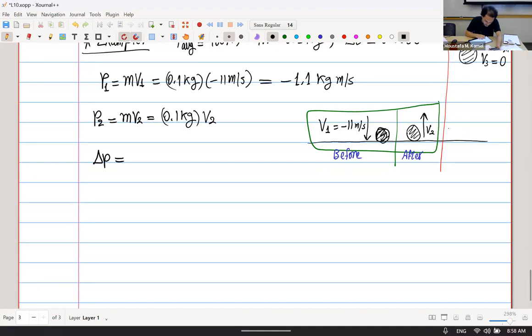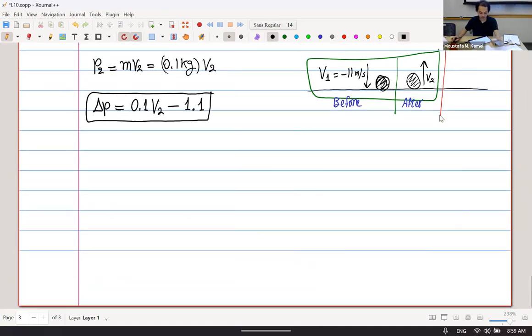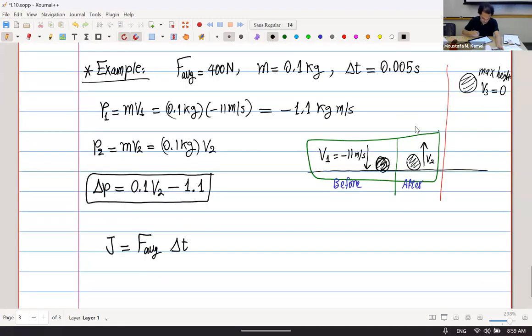Then delta P, which is the change in momentum, is equal to 0.1 V2 minus (-1.1). I will drop the units for now, but you should know it's SI units. This is the right-hand side of the impulse momentum theorem. This is the effect. Now to get the cause, it's the impulsive force multiplied by the time. This is how the definition works. We have all the components we need. We have the force and we have the time, so we just multiply them. 400.